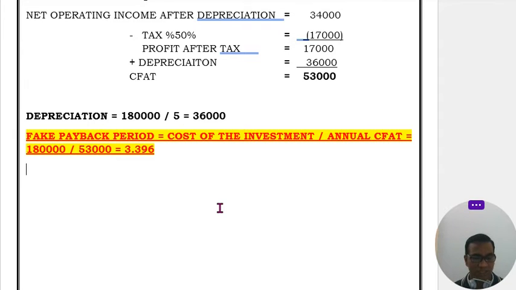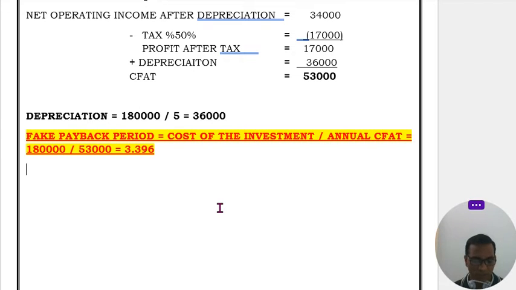So when I am checking this 5th year row, I want 3.396, and I found not exactly, but 3.433.